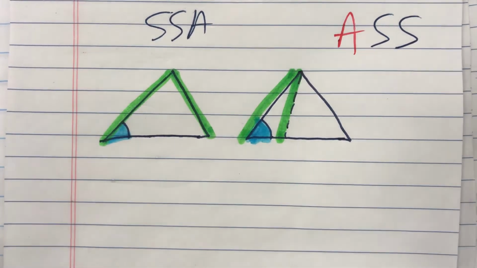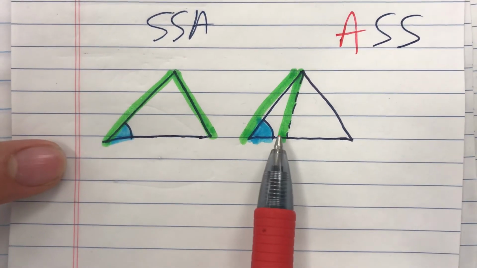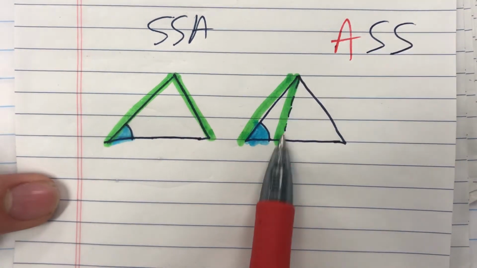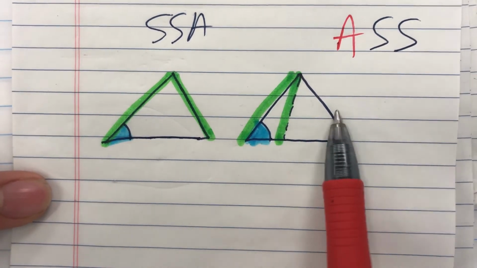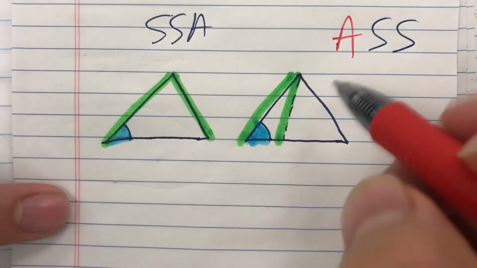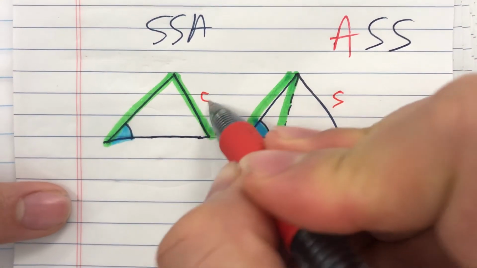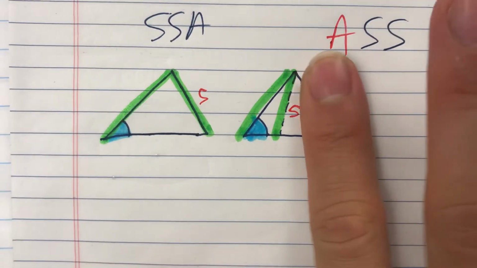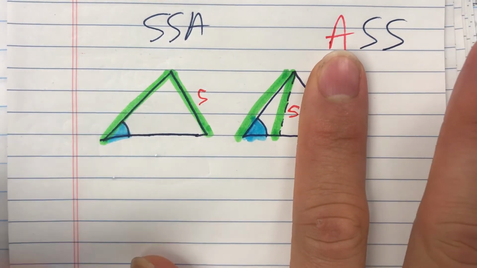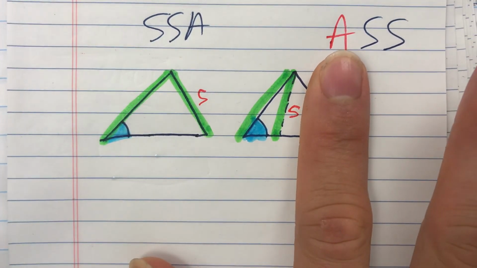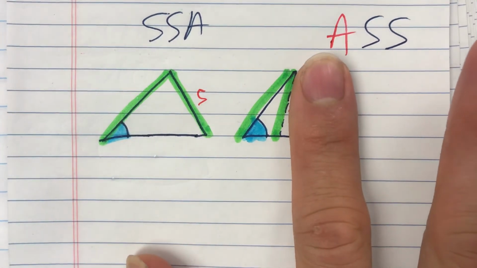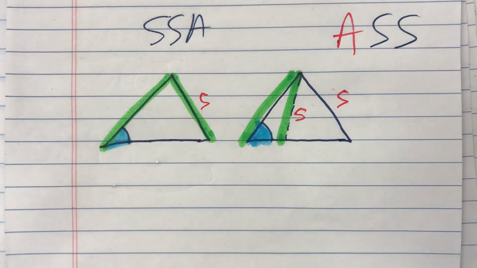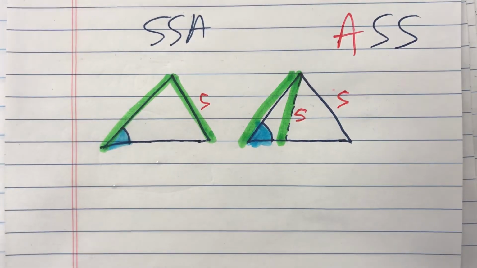If you look at this, I can draw a similar triangle with a side, but instead of swinging this way to the right, let's say this side is like 5. This side can equally be 5, and if I cover this up, it's actually not congruent because these are two different types of triangles, right? So this is proving why the SSA or ASS triangle does not prove congruent triangles, okay?